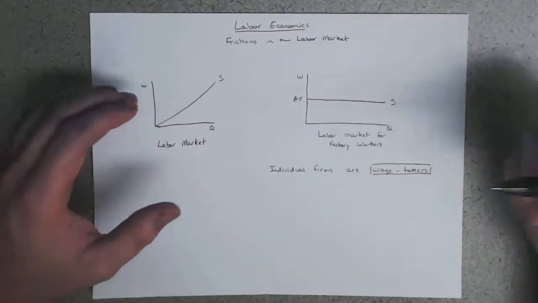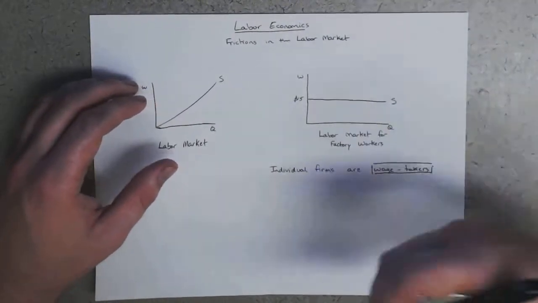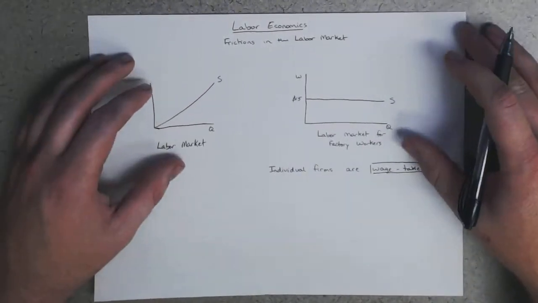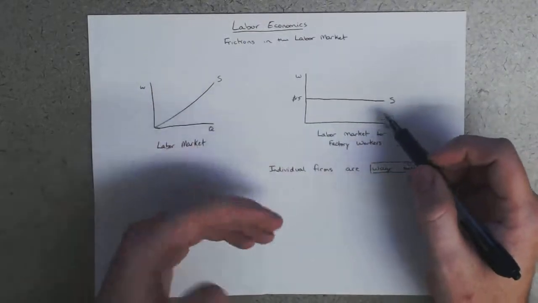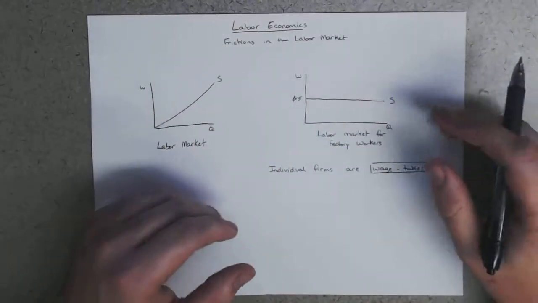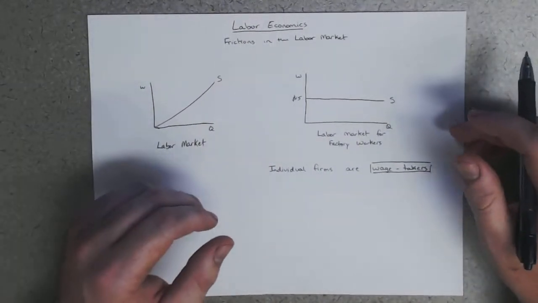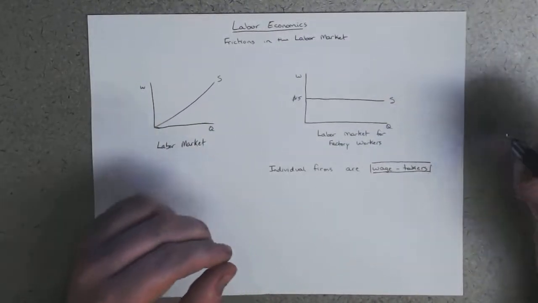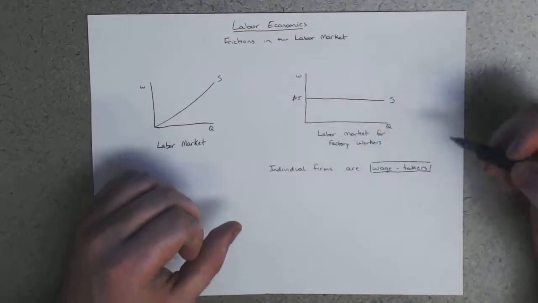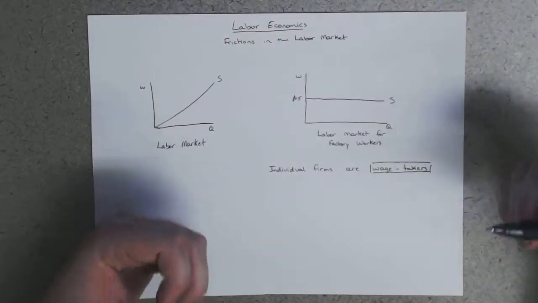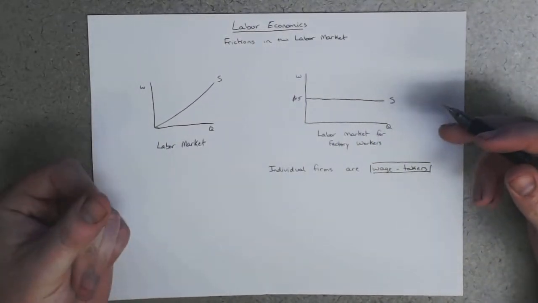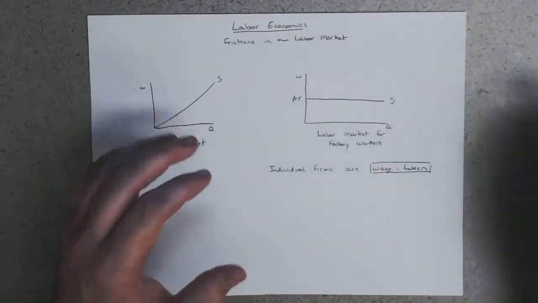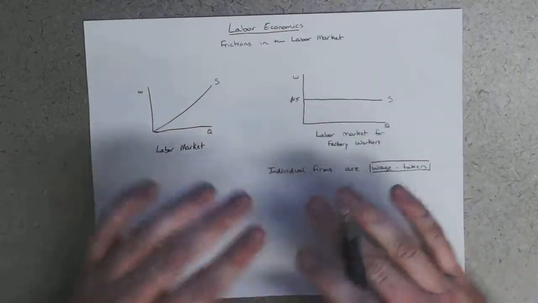And so if you're not going to pay me $15 an hour, I'm going to take my talents to GM, right? And so there, Ford would have the option of $15 or no work, right? And so here we're saying it's costless for workers to find a new job. It happens instantaneously, right? And if that's true, the labor supply curve for the individual firm will be perfectly horizontal, okay?